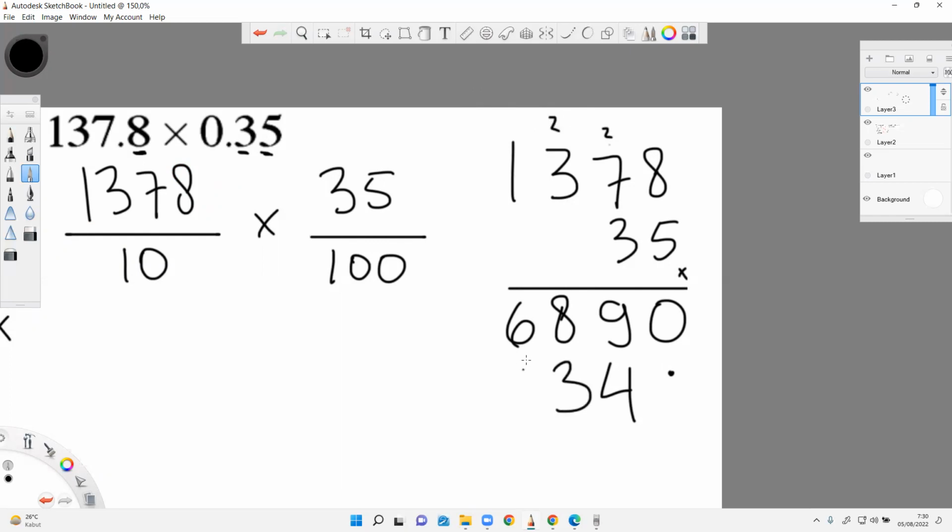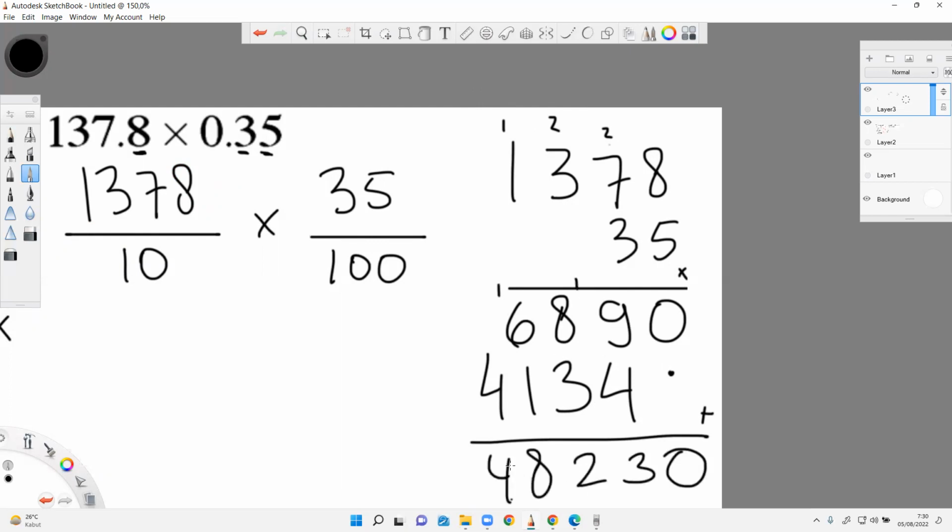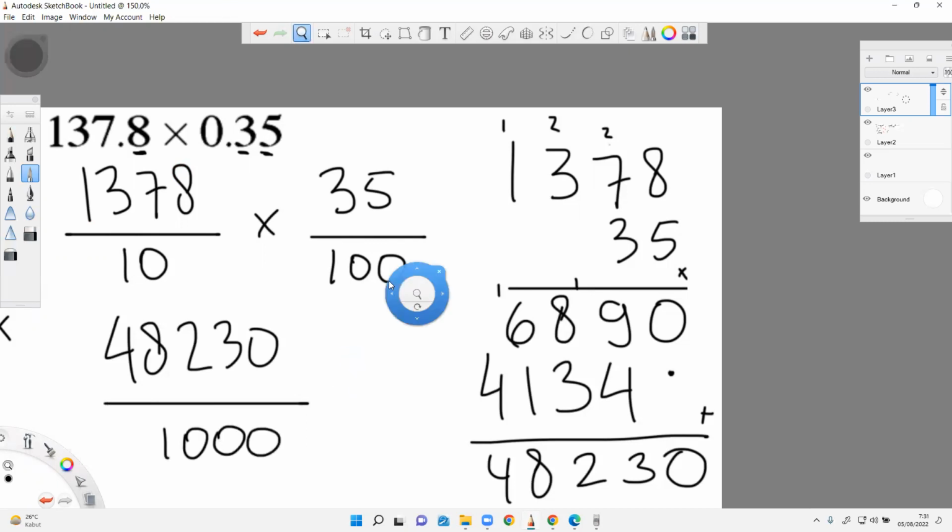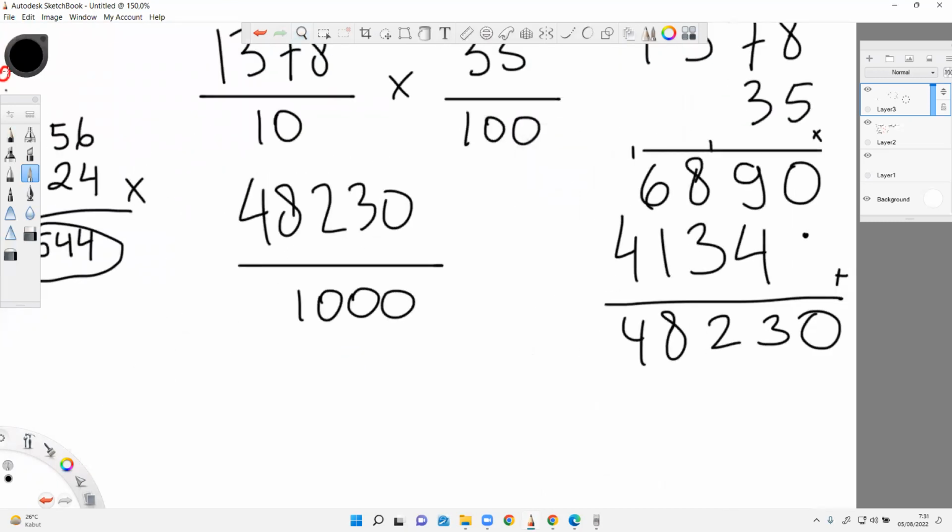Make it fast. 11, 4, you add the numbers. 13, 12, right? 48,230, right? And over, again, 1,000. Easy. Okay. So how many decimal places do you put? 3 decimal places, guys. 1,000, right?